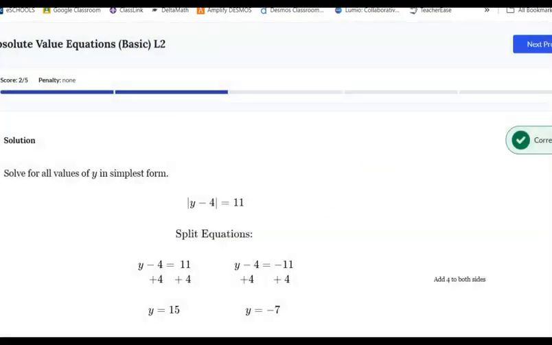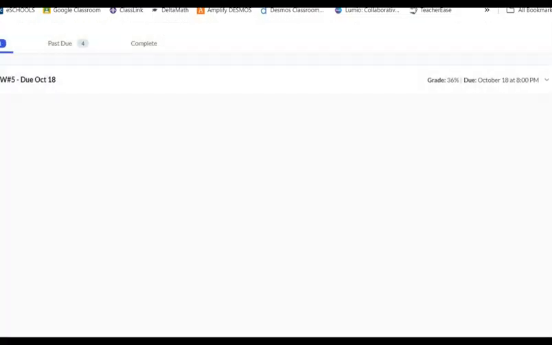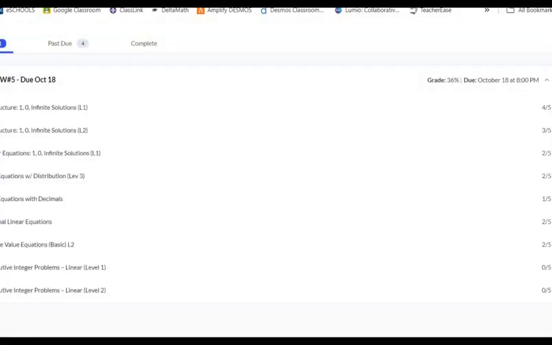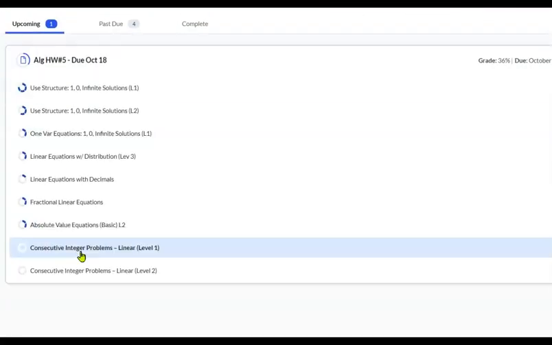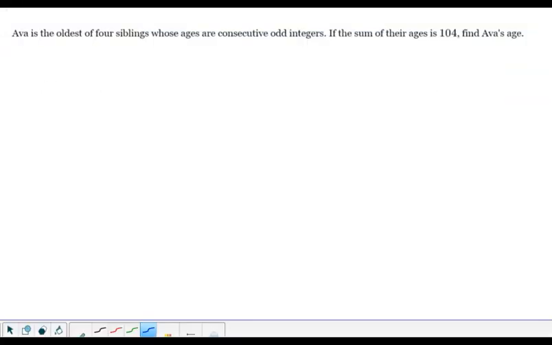All right, let's take a look at the next topic. Consecutive integer problems. Consecutive integer problems can be a little bit tricky, and that's because you don't know the numbers, so I'll call the first one n, but I do know that the next one after it mathematically is going to be one more.